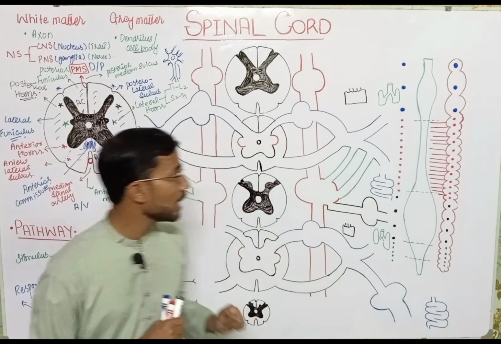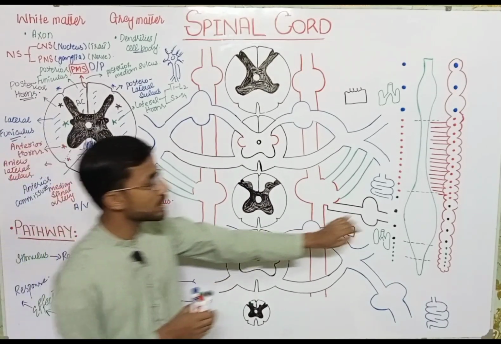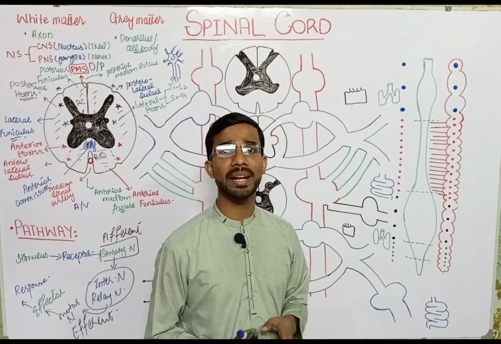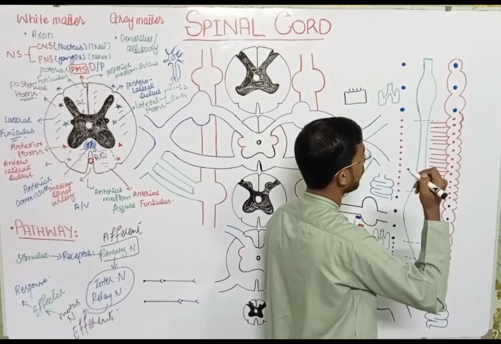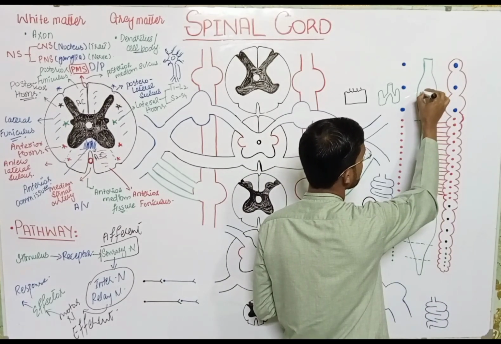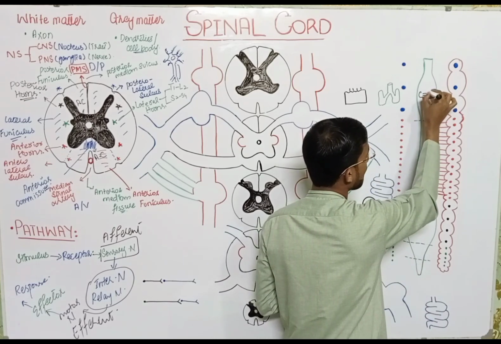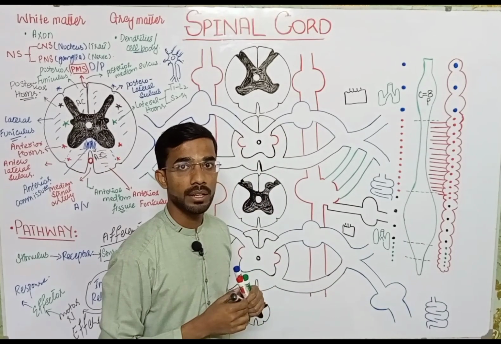Next, if we look at the structure of the spinal cord, here at the center you will see the spinal cord. We divide the spinal cord into different segments. The first component is the cervical region, where you will see 8 pairs of spinal nerves.